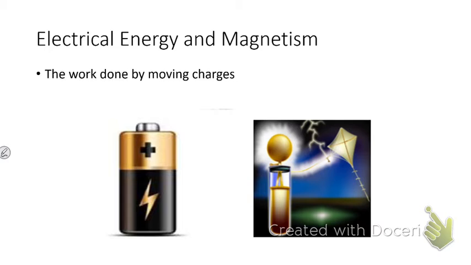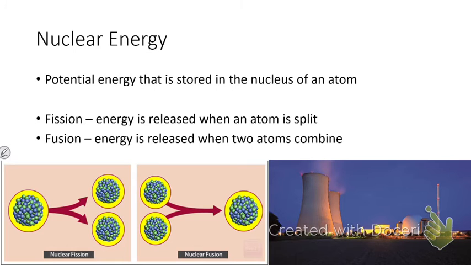We have electrical energy and magnetism. So this is the work done by moving charges. So right now we have electricity, electrons, which are flowing through wires, producing light. Okay? That can do work. We have nuclear energy. This is pretty important for a couple of reasons.